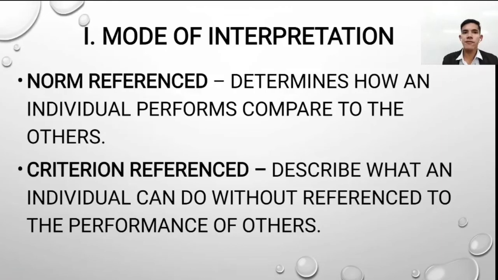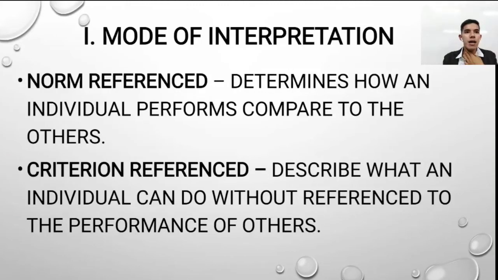Okay, we also have mode of interpretation, the norm reference, and the criterion reference. Norm reference test determines how an individual performs compared to the others. So, in norm reference test, you as a student, your performance will be compared to other students. So, sometimes, yung norm reference is also called a subjective reference. Bakit siya subjective? Every student has their own ability, have their own capacity.